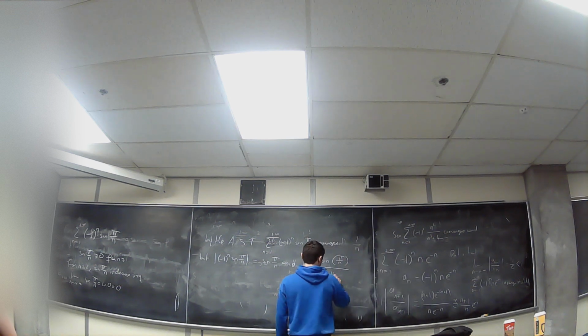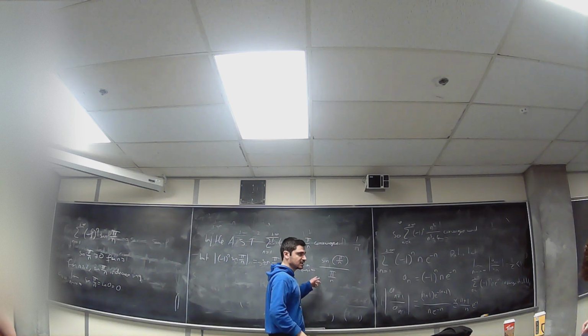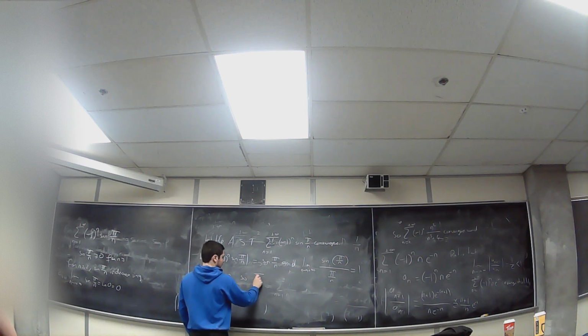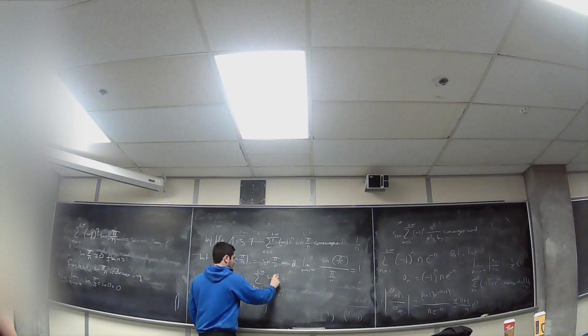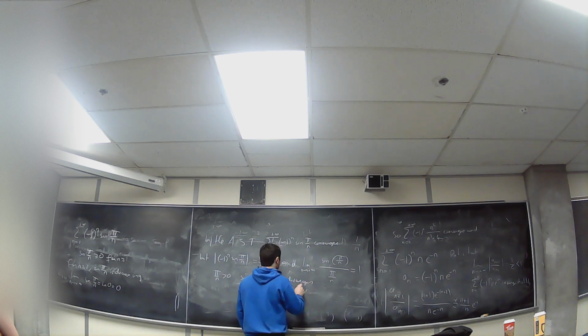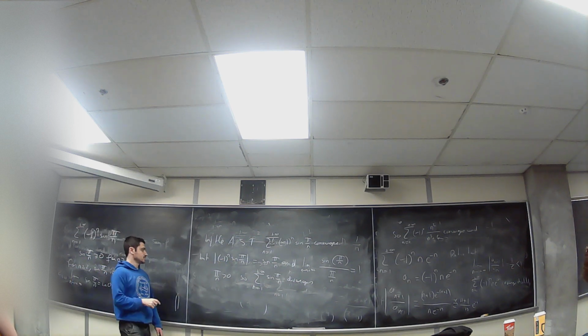What is this limit? It's the same limit as sine x over x as x approaches 0, which is 1. Of course, pi over n is positive as well. So it diverges. So what can I say about the convergence here? It is conditional.